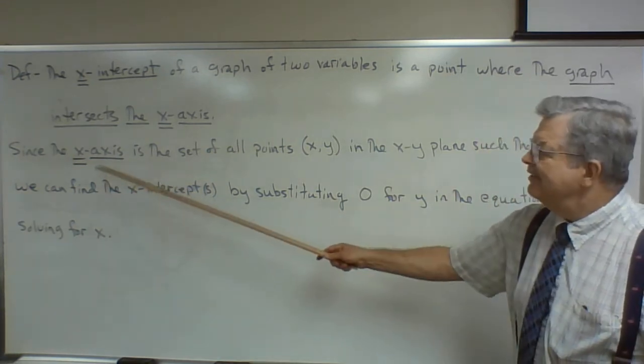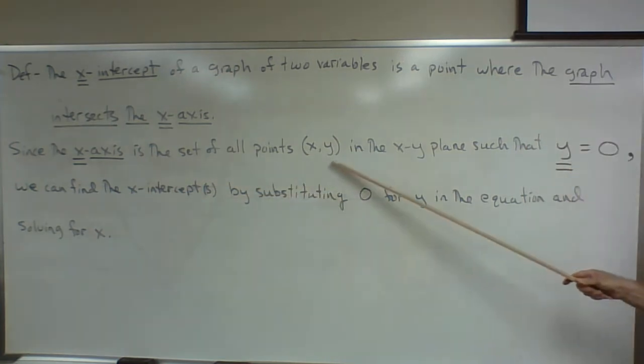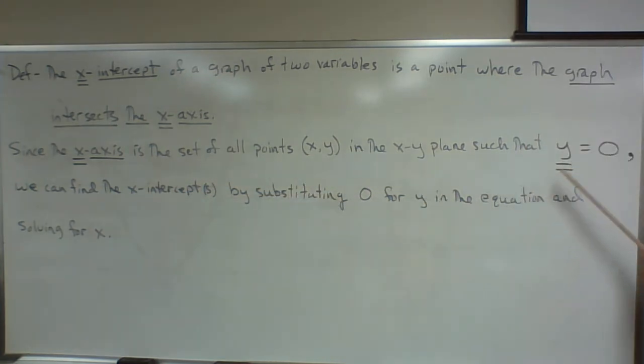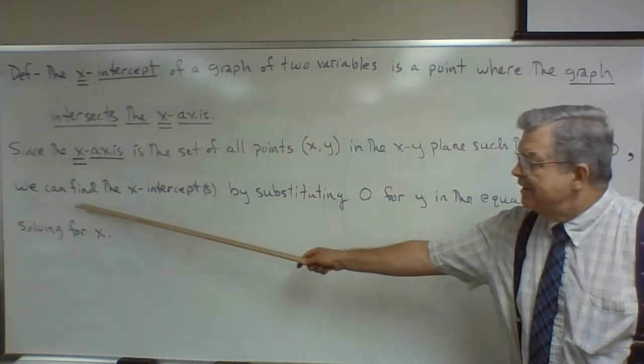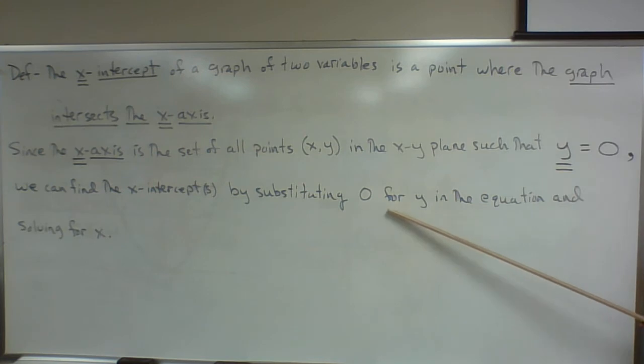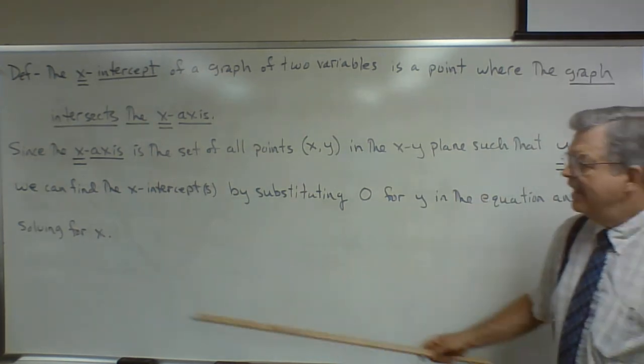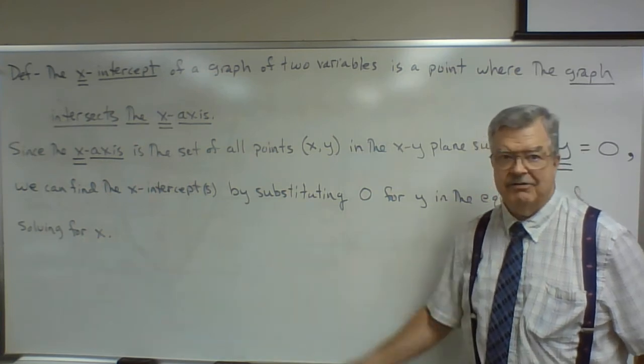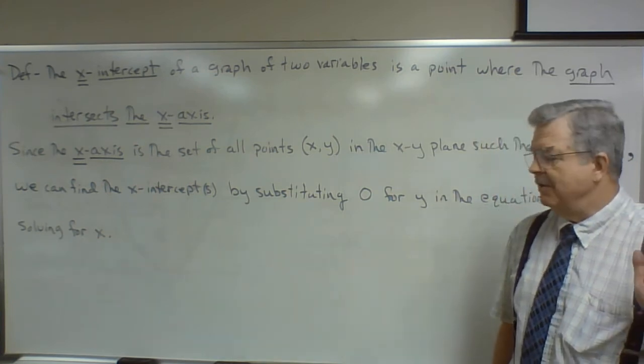So, since the x-axis is the set of all points in the xy plane such that y equals 0, we can find the x-intercepts by substituting 0 for y in the equation and then solving for x. That's how we do it.